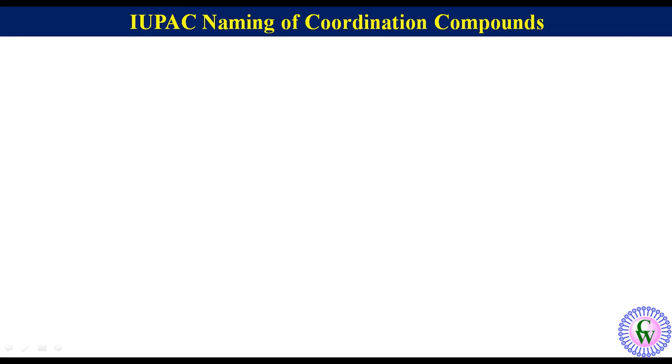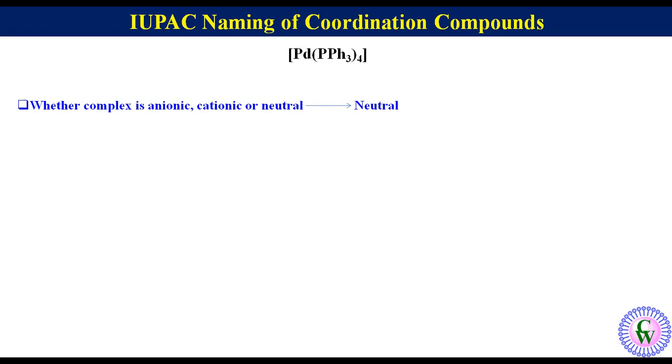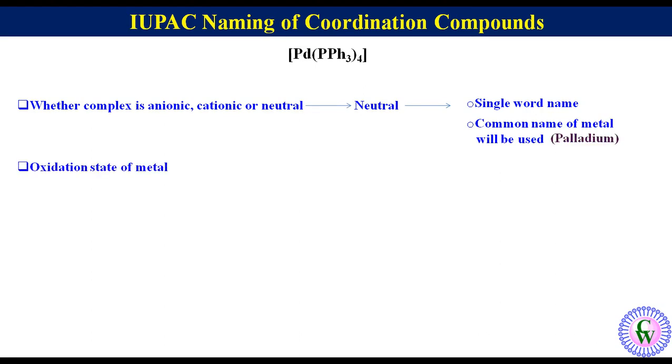Let's take the example of this palladium-based complex. Find out whether the complex is anionic, cationic or neutral. This is a neutral complex, so it will have a single word name. The common name of the metal will be used, which is palladium in this case. The oxidation state of the metal is 0.